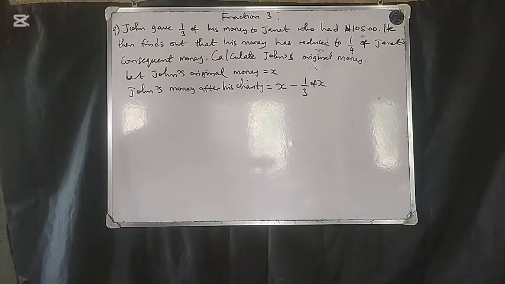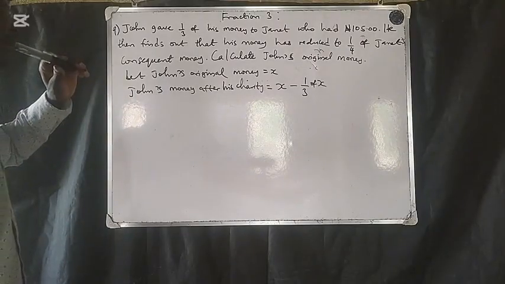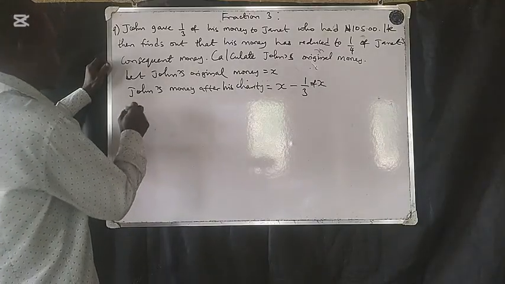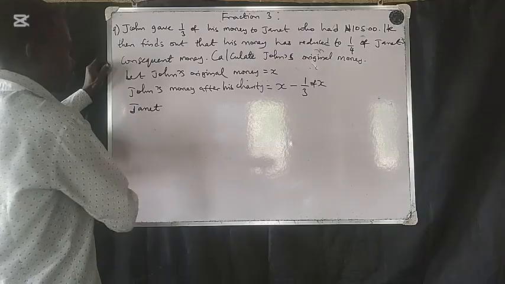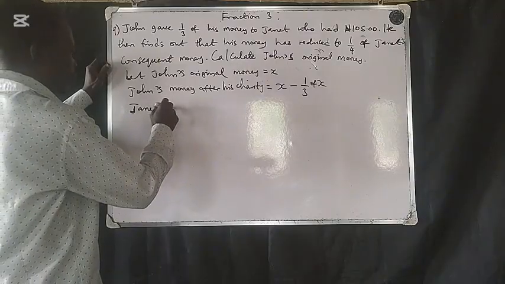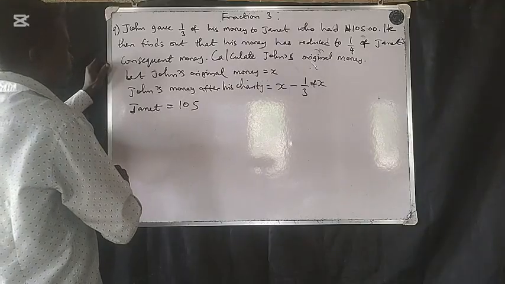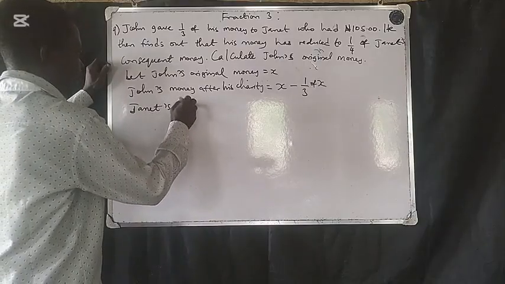So we are now told that because of that, John finds out that his money has reduced to 1/4 of Janet's consequent money. Let's write it: Janet's consequent money.